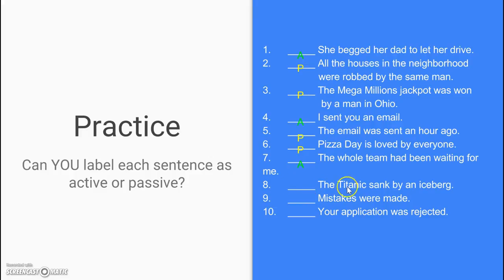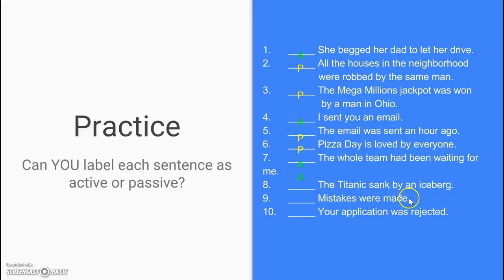Number 8, the Titanic sank by an iceberg. Now, this is a location word. This is a prepositional phrase. So even though there's the word "by" here, it's active. Number 9, mistakes were made.